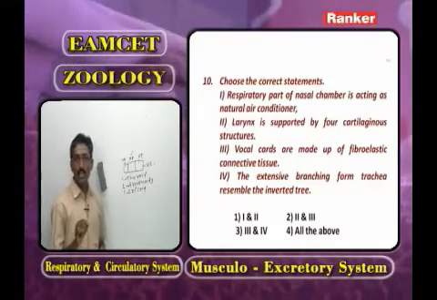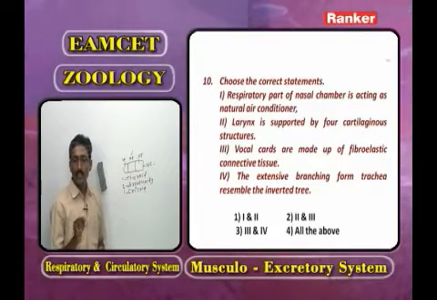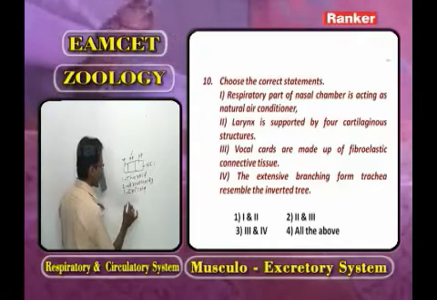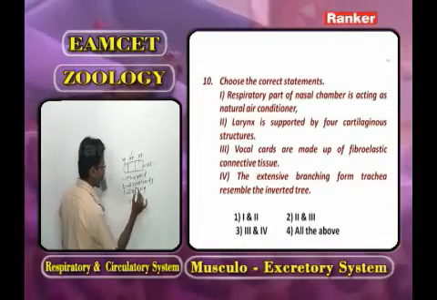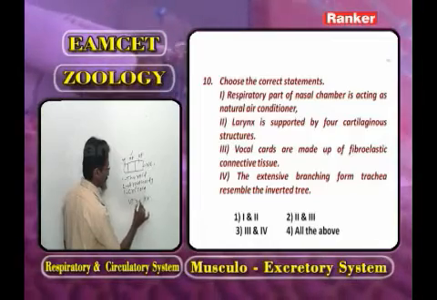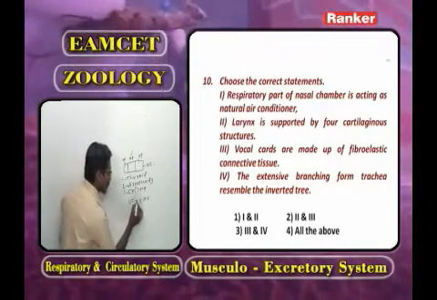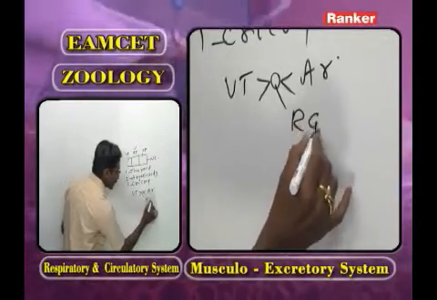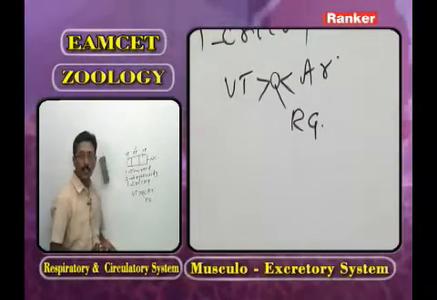Third, vocal cords are made of fibroelastic connective tissue. Now between ventral thyroid and arytenoids, what are present? 2 vocal cords. Now between the 2 vocal cords, what is present? The rima glottis, that is an opening.